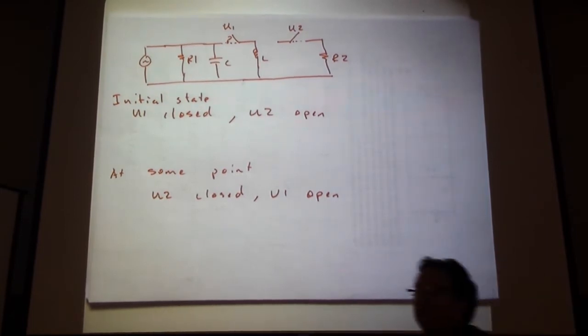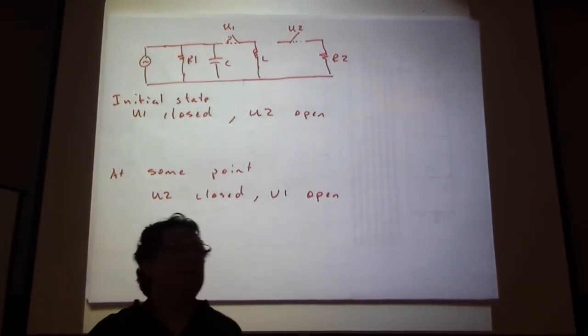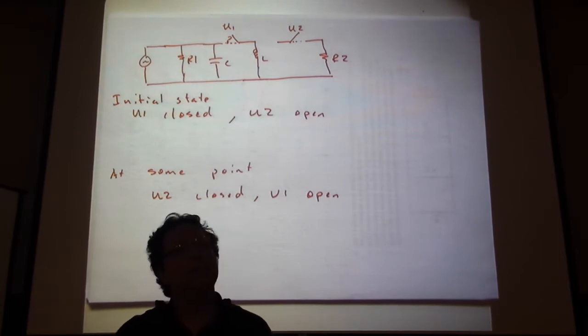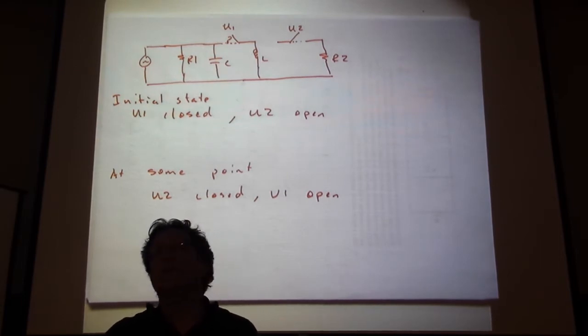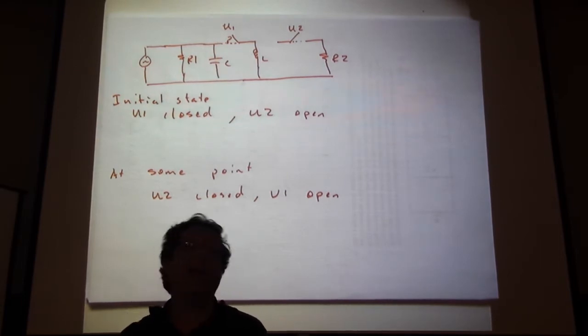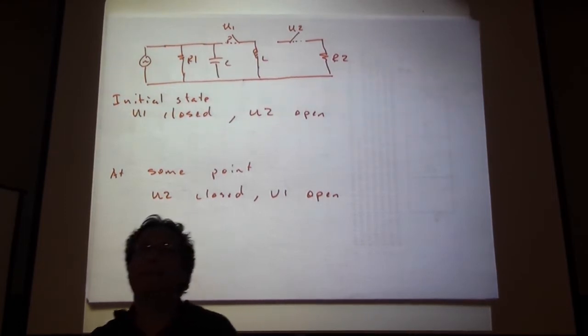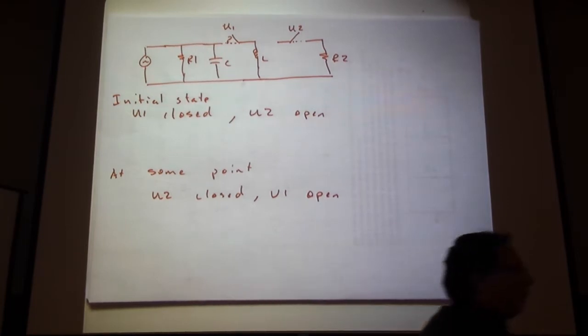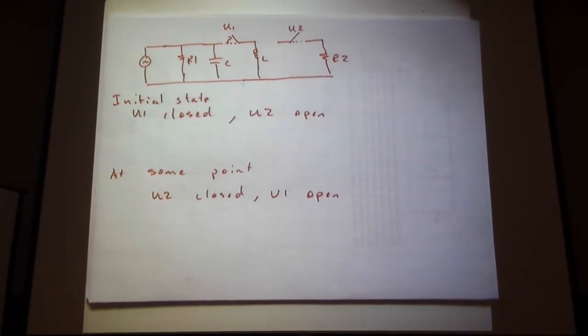Same thing with capacitors. What can you not do with capacitors? Slightly different scenario. If you have a 9-volt battery and you hook it up to a capacitor that's charged to 5 volts, what happens?